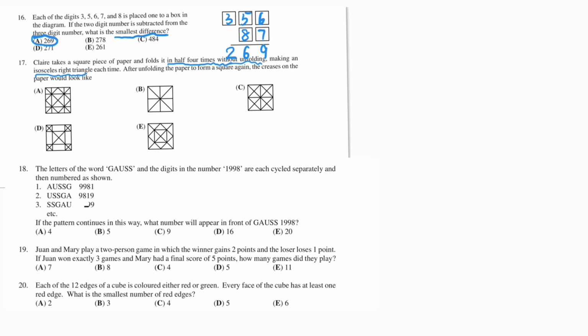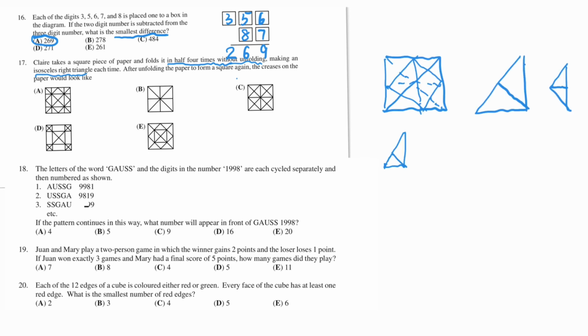For this problem, the easy way is to take a piece of paper and fold it into an isosceles right triangle, four times without unfolding, every time making an isosceles triangle. So the answer is C.